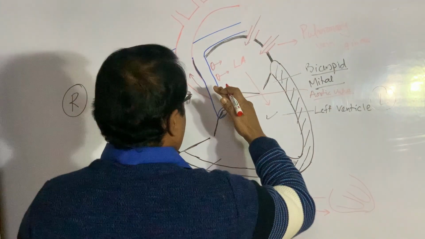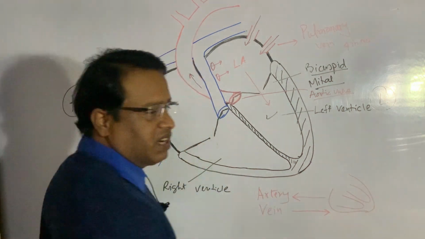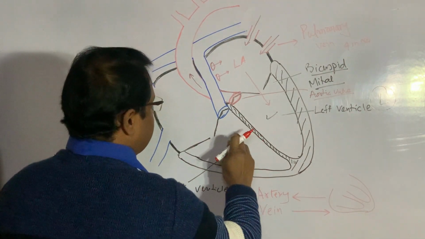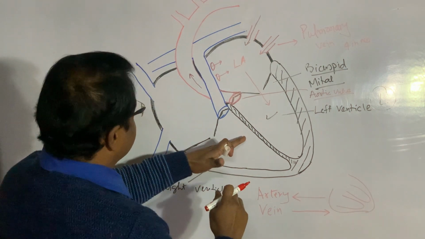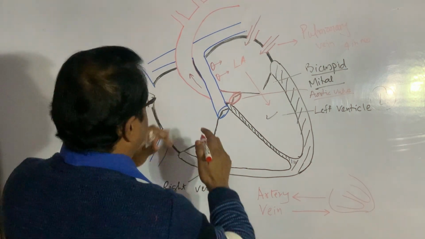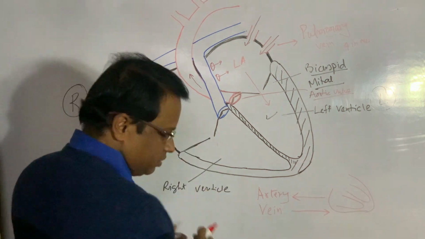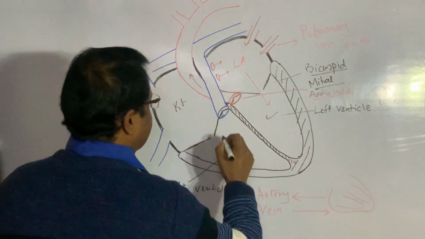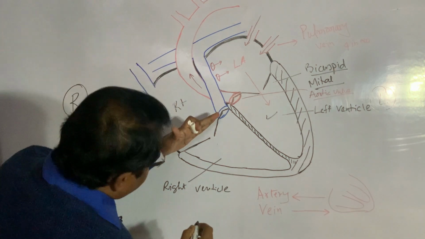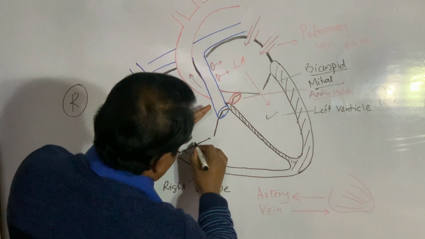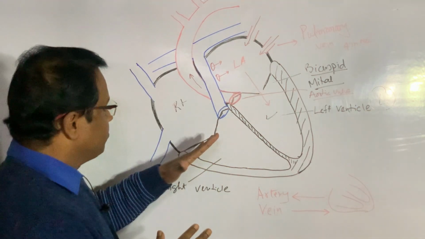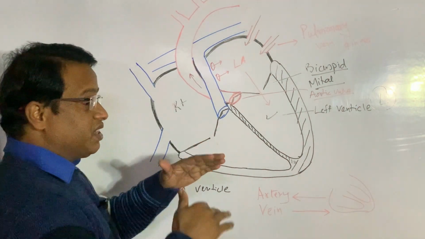Now I am going to the right side of the heart, that is the right ventricle. The right ventricle is separated from the right atrium by the tricuspid valve. It is called the tricuspid valve because it has 3 cusps.